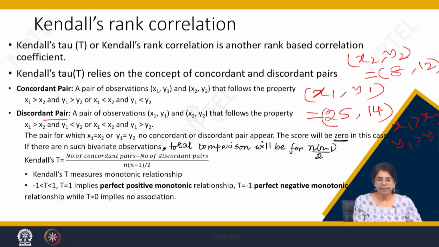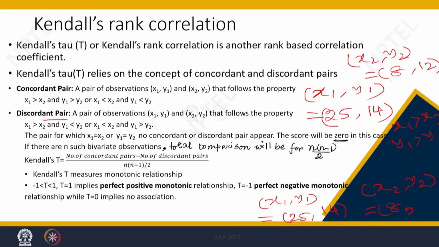Now think about another example. x1, y1 is 25, 14, but x2, y2 is 8 and, let's say, y2 is 2. You can see x1 is bigger than x2, 25 is bigger than 8, and y1 is 14, which is bigger than 2. That means this is another concordant pair.